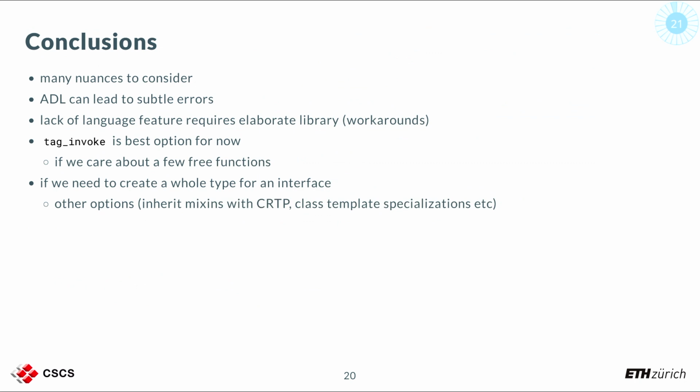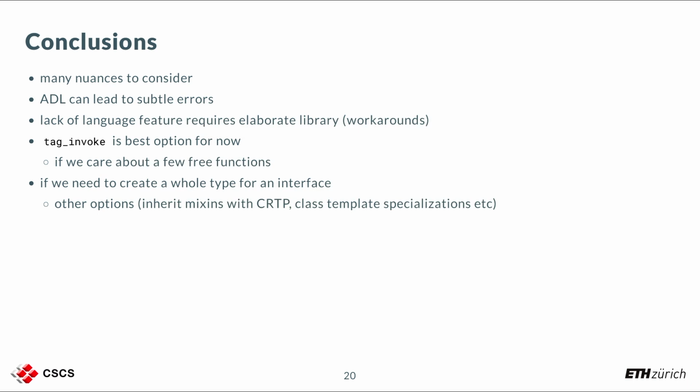So to conclude all this, since we don't have a language mechanism in C++ to do all this customization on our functions, we have to go through all these hoops in our libraries to write proper customization, which leads to stuff like tag invoke, which is quite good as it goes, but it's still not a perfect solution.